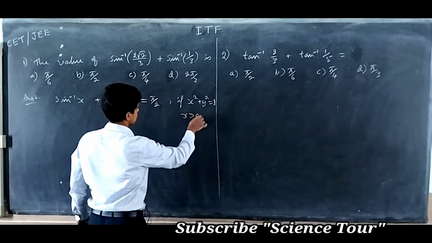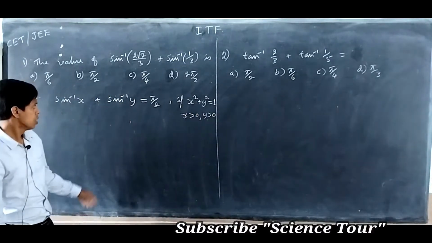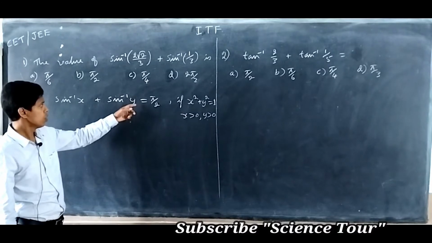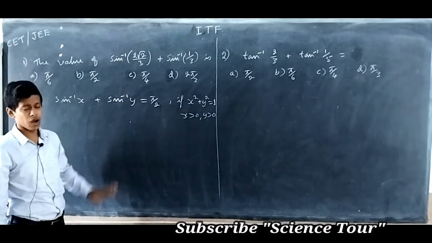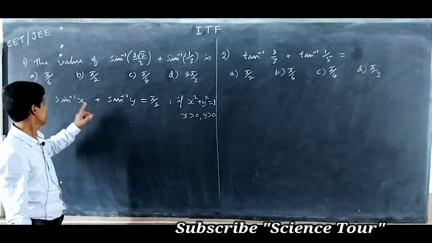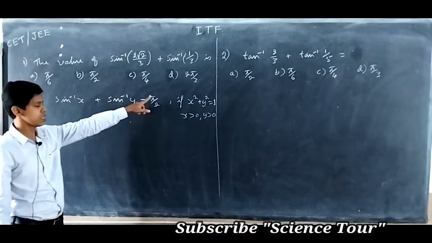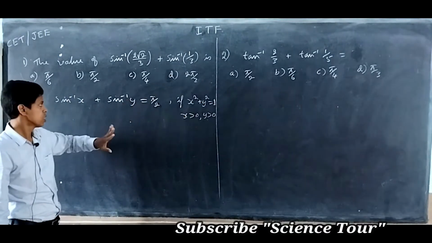Here x is greater than 0, y is also greater than 0. So both must be greater than 0, and if x square plus y square is equal to 1, then we can say that sin inverse x plus sin inverse y is 90 degree.